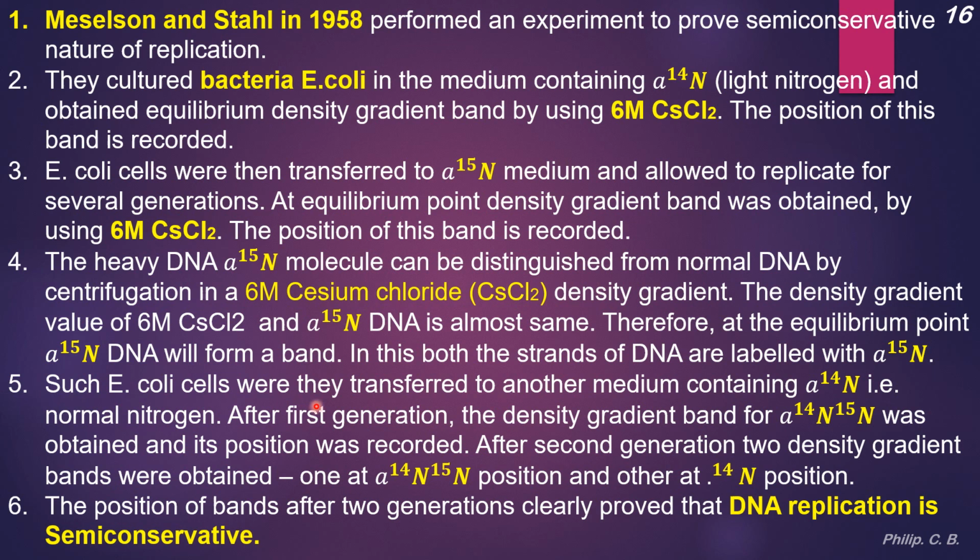Such E. coli cells were then transferred to another medium containing N14, that is normal nitrogen, and after the first generation the density gradient band obtained was N14-N15, and its position was recorded. After the second generation, two density gradient bands are obtained, one at the N14-N15 position and the other at the N14 position. So the position of the bands after two generations clearly proved that DNA replication is a semi-conservative mode of replication.